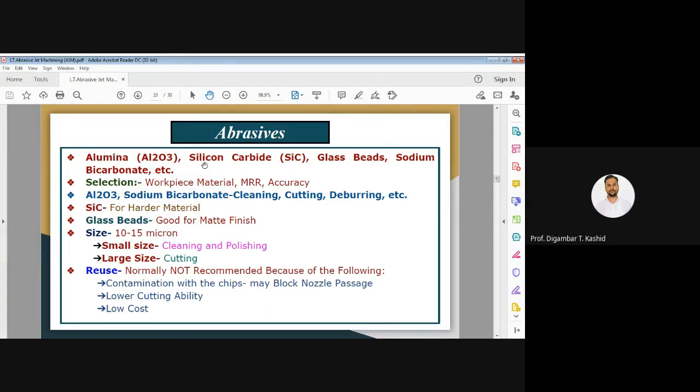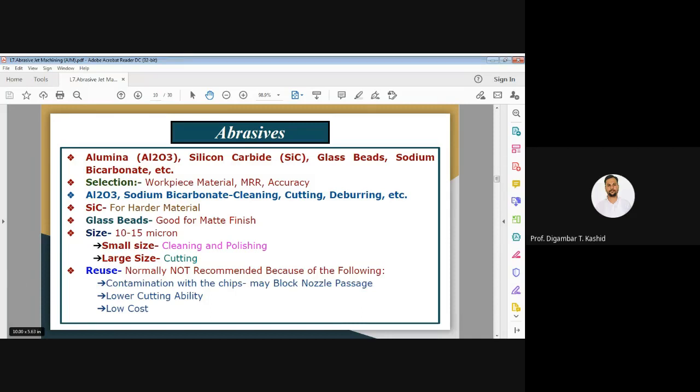Just like I have mentioned, you can use alumina, silicon carbide, glass beads, and sodium bicarbonate as abrasive material. I repeat: alumina Al2O3, silicon carbide SiC, glass beads, sodium bicarbonate, etc. can be used as abrasive particles in this machine.